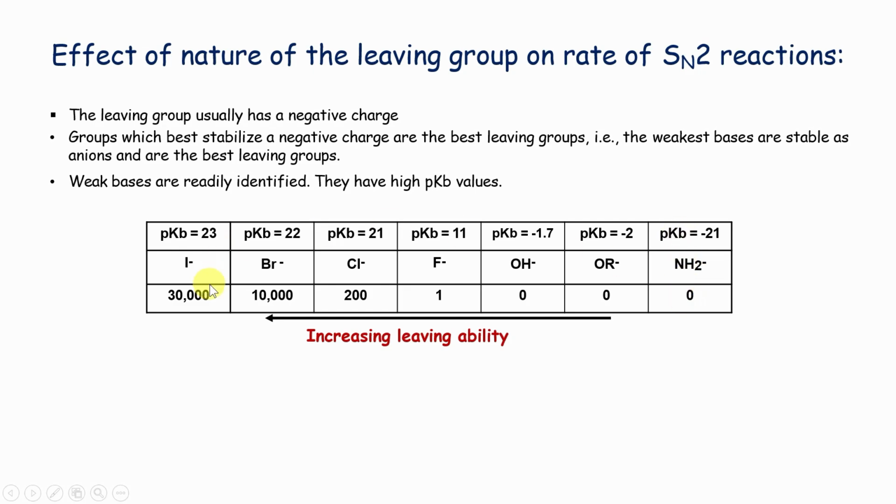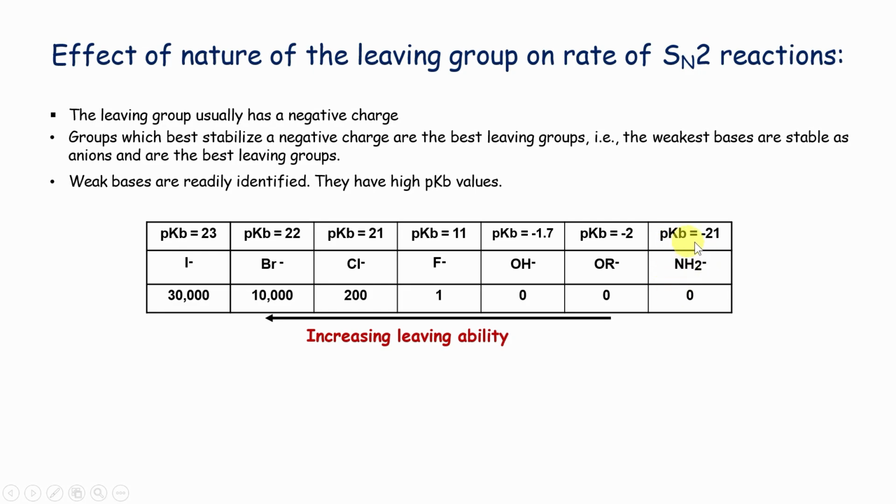So it is the weakest base, and so the best leaving group among these groups, such as bromide, chloride, fluoride, hydroxide ion, alkoxide ion, and amide ion. Iodide ion is the best leaving group because it is least basic in nature, whereas the basicity of amide ion is very high.